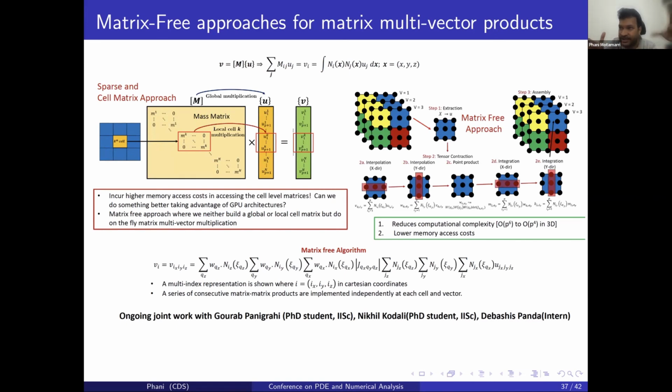But matrix-free computations, which already exist in libraries like deal.II, do not allow for multi-vector products. So we are trying to build strategies which allow us to do on-the-fly matrix multi-vector products, which the initial results show are faster than deal.II's matrix-free implementations, even for a single vector for the Poisson problem.